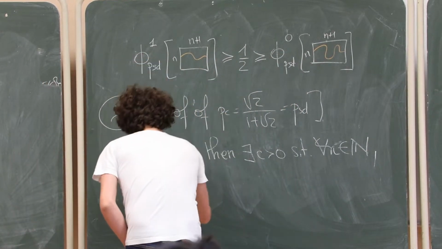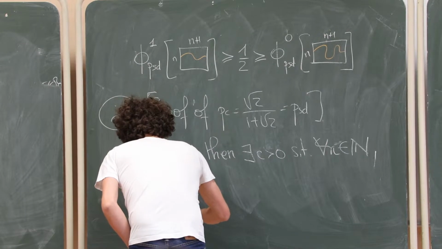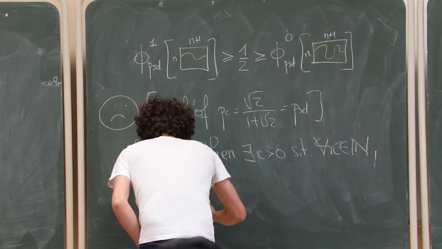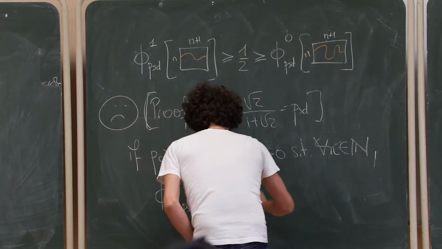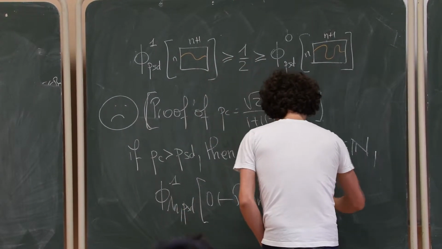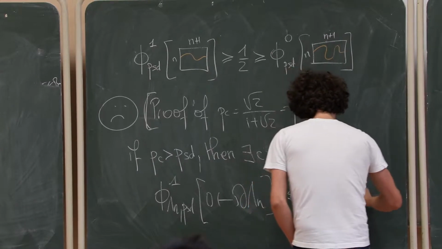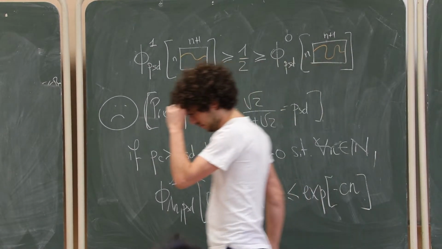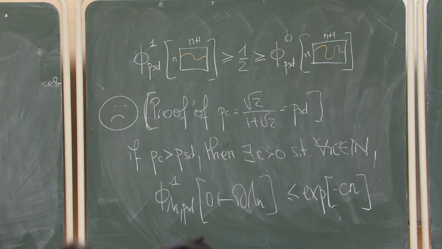That means that phi 1 Lambda n, p self-dual, of 0 connected to the boundary is smaller than exponential of minus Cn. Okay? That is by exponential decay.